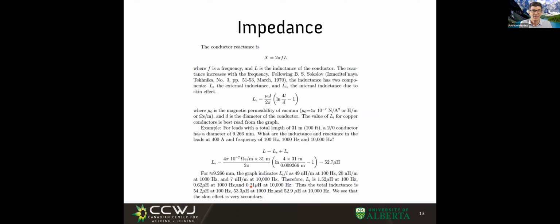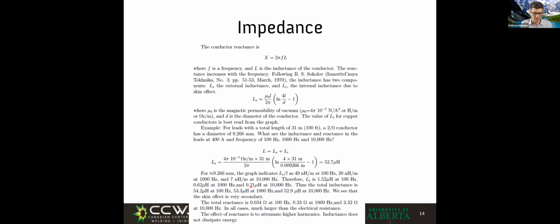The bottom line, in this example, the internal impedance due to skin effect is not a big deal. Fine. So let's keep moving, having in mind that this external impedance is what really matters.